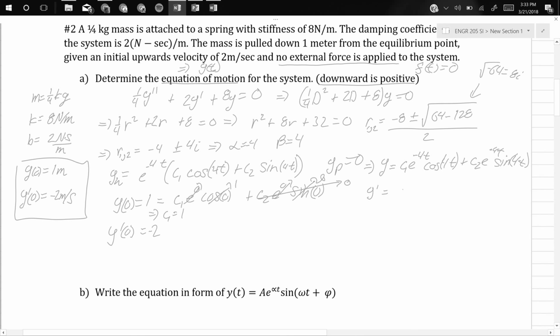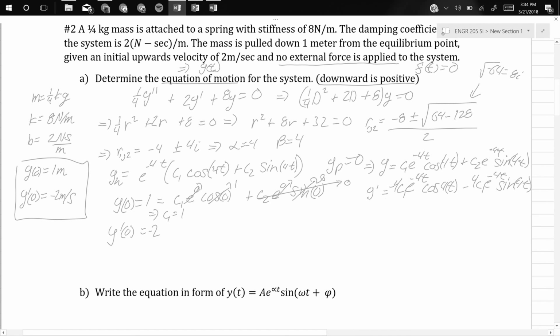So it'll be c1 times negative 4, so negative 4 c1 e to the negative 4t, so this is the derivative of e to the negative 4t, then times cosine 4t, and then plus c1, this will be 4 c1 e to the negative 4t times sine of 4t. Ooh, that should be negative up front.